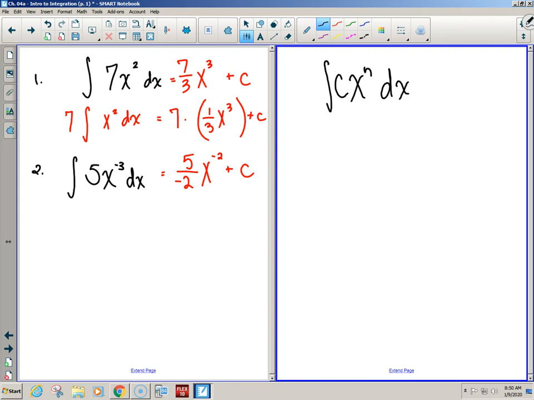We can always say that my antiderivative is going to be, the c is just going to chill, like the 5 just chilled, the 7 just chilled. The c is just going to chill, but with this little x to the n part, I have to always think of adding 1 to the power because there was a 1 subtracted to get here, so I add 1 to go back. But then if you notice, I always need this division to cancel out that power.